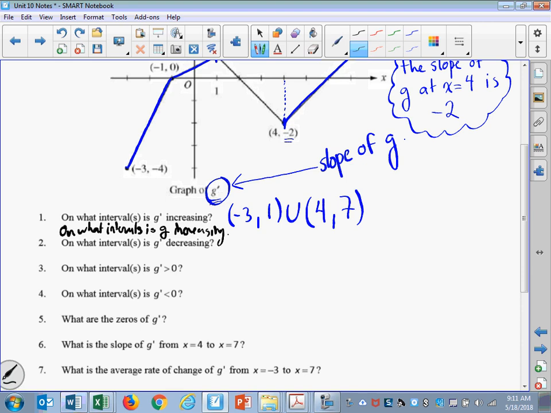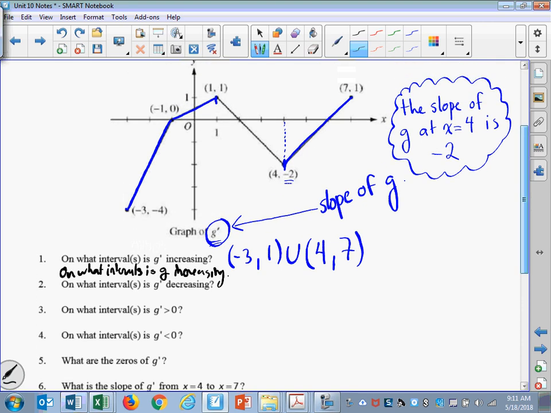Well, notice that when the slope of a function is positive, that means it's increasing. Do you see how the slopes are positive here? That means the function's increasing. So where is g prime positive? Because wherever g prime is positive, that's going to tell me where g is increasing. So let me say that again. Where is g prime? That's the slope of g, remember. Where is g prime positive?